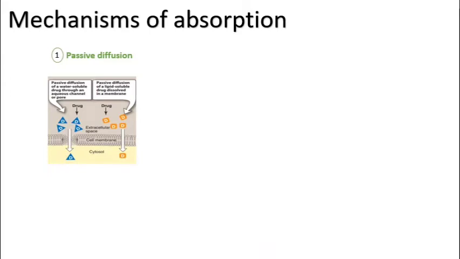So, does that mean that only the lipophilic drugs can pass by passive diffusion? No, hydrophilic drugs also can pass. How? There are small channels or pores in the cell membrane which are aqueous.